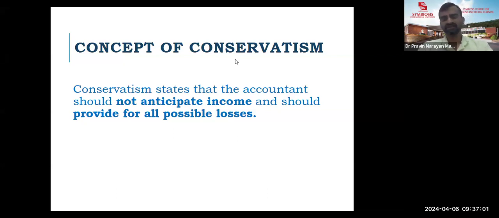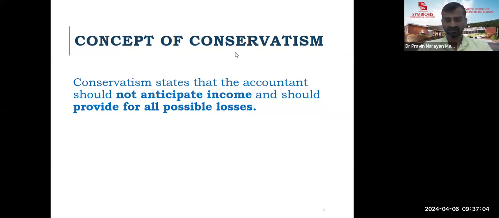So what does not anticipating income mean? Can anybody tell me what you understand by not anticipating income? No, okay. Basically, this means the accountant, or those who are recording the transactions, should not record the income until it is certain, or nearly certain, to be received.